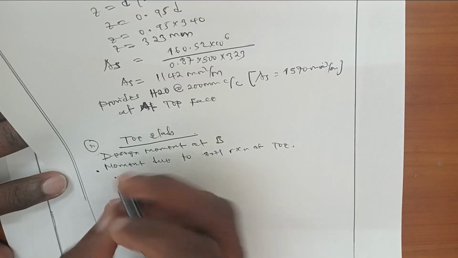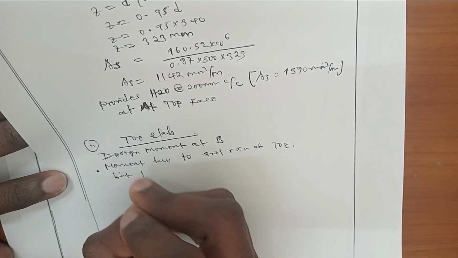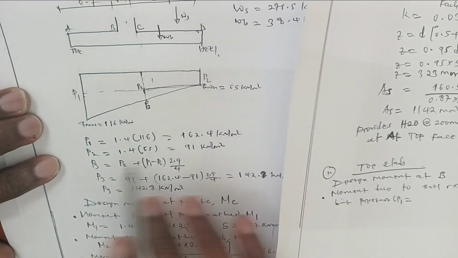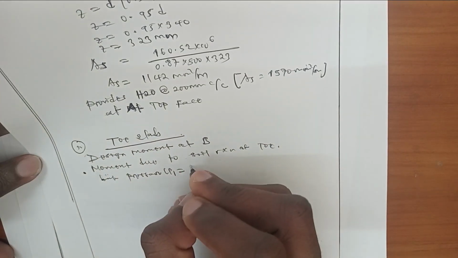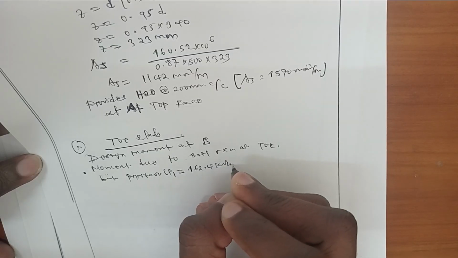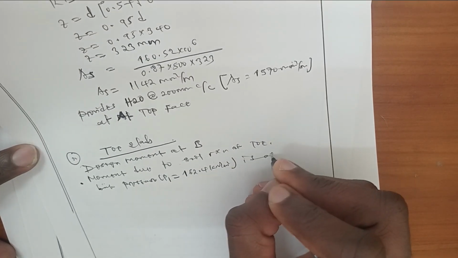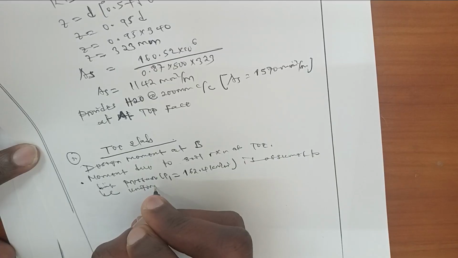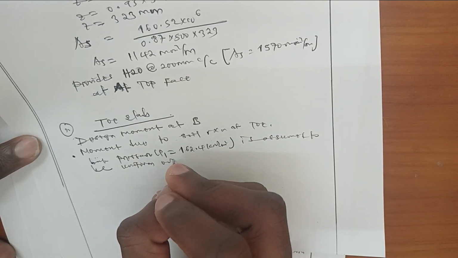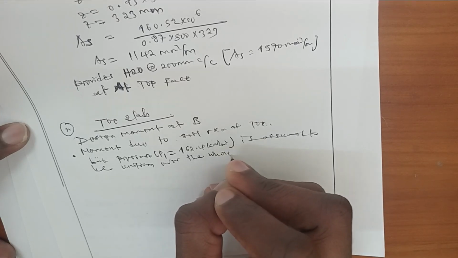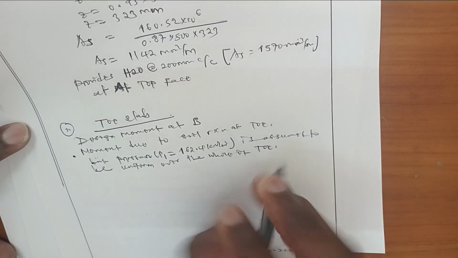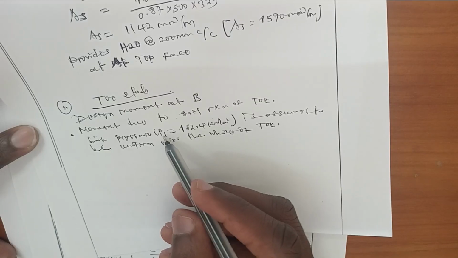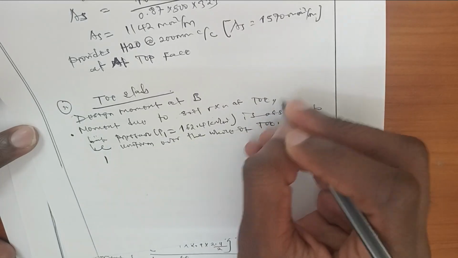The pressure at the toe, which is pressure 1, was 162.4 kilonewton per meter square, and is assumed to be uniform over the whole width of the toe. Let's call this moment 1.